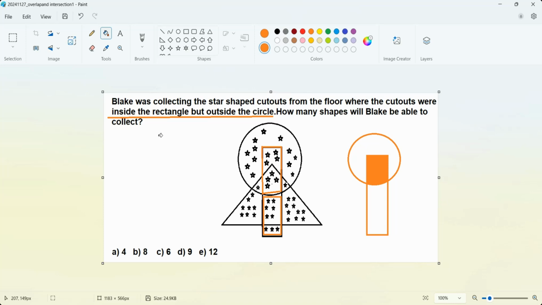So now going to the problem, inside the rectangle but outside the circle. So that is our square here. I can also mark with a different color. So this is the one. Okay, so now it's in yellow. So 1, 2, 3, 4, 5, 6, 7, 8, 9.